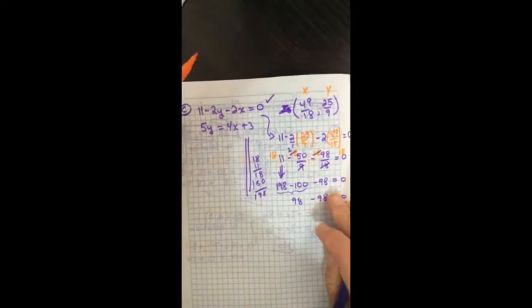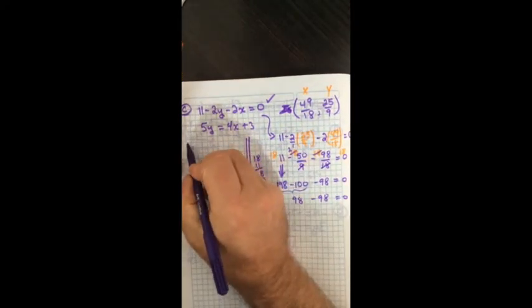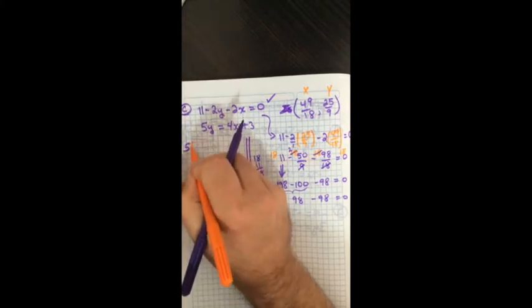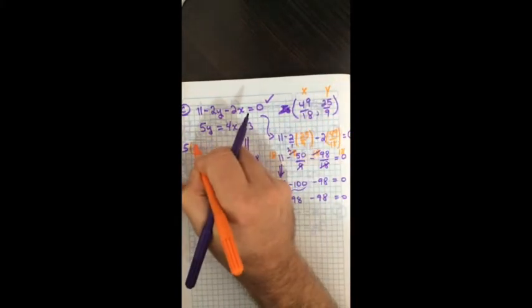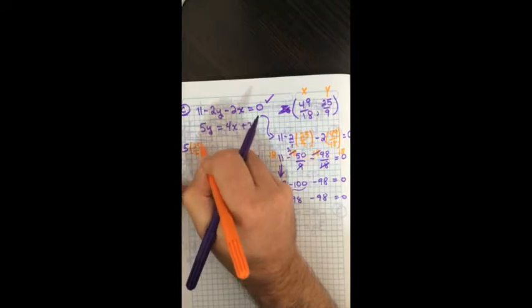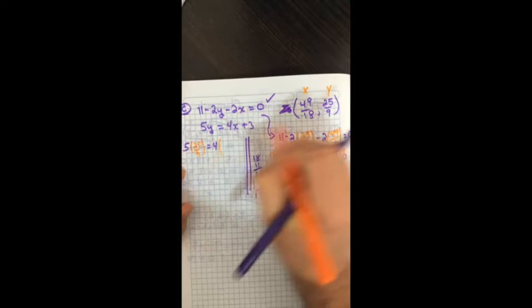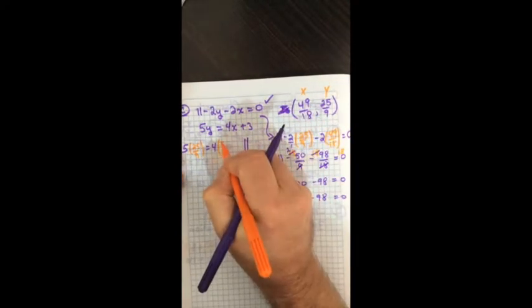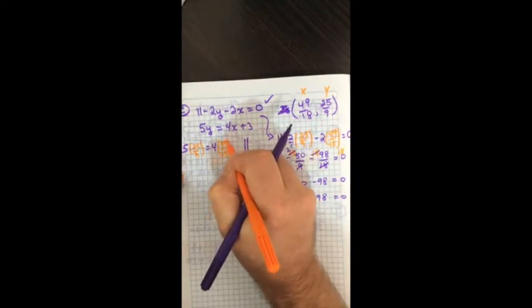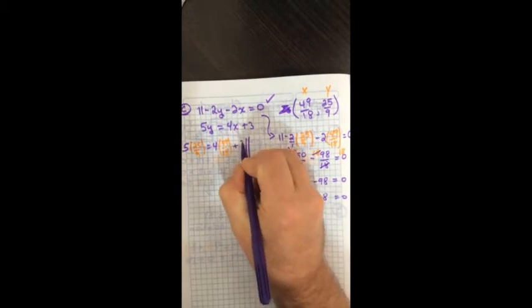Okay, now we got to get the other one to work. The other one is 5 times y. Y is 25/9. Equals 4 times x. X is 49/18. Plus 3.